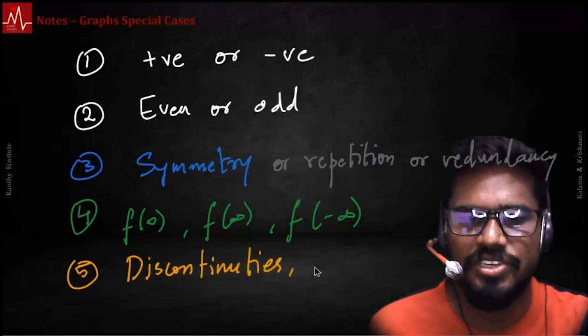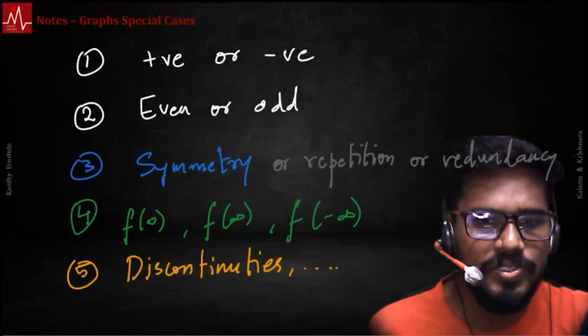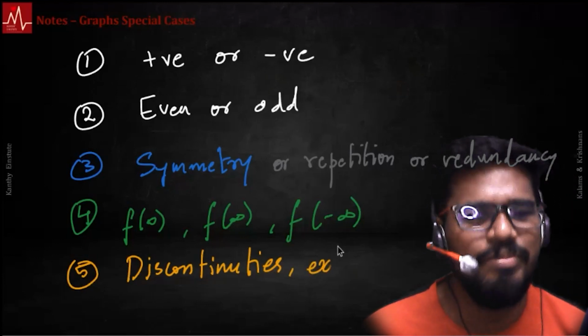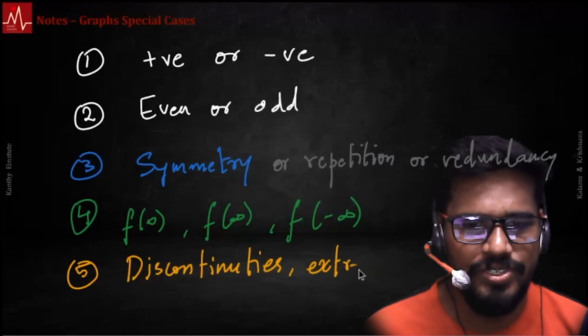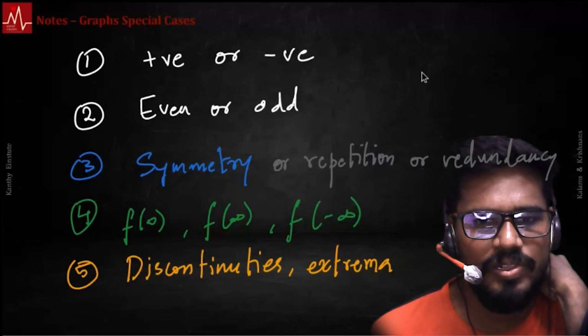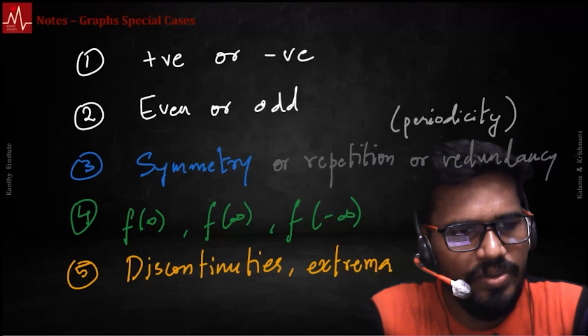Do they match with the function given? You can easily spot extrema and discontinuities visually, and you can rule out many options. Repetition, periodicity, all that will show up here.